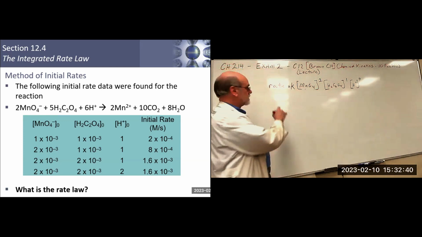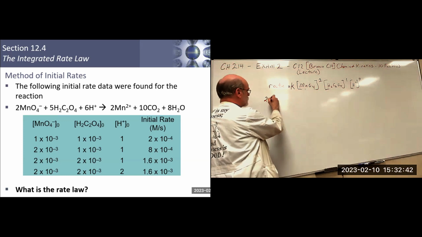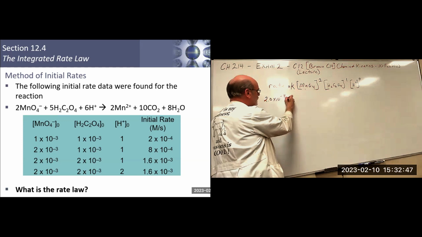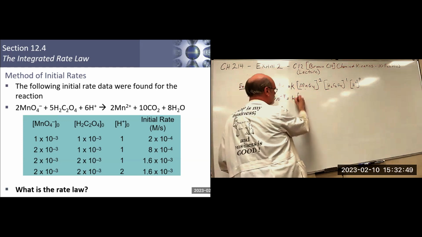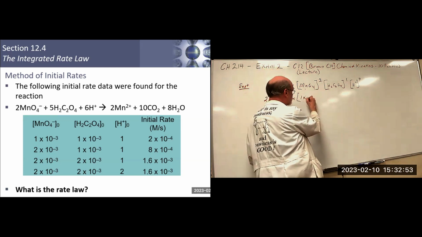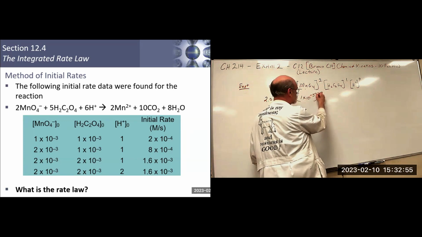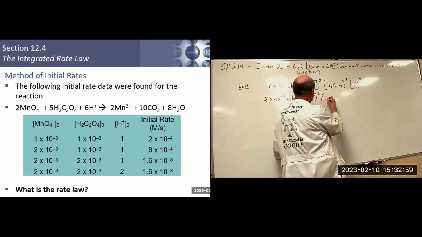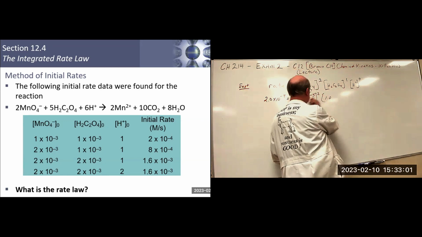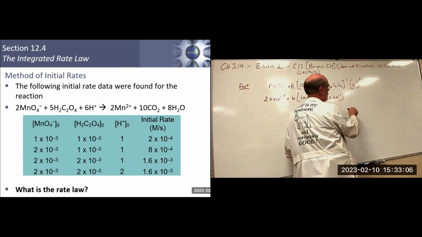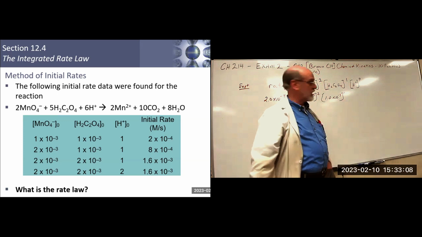Let's just take the first one. 2 times 10 to the minus 4 equals K. And under these conditions, this one is 1 times 10 to the minus 3, right, to the second power. And this is 1 times 10 to the minus 3 times 10 to the minus 3 to the first power. And that term is gone, right?